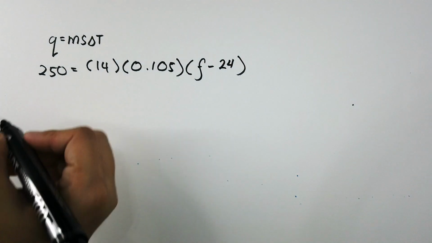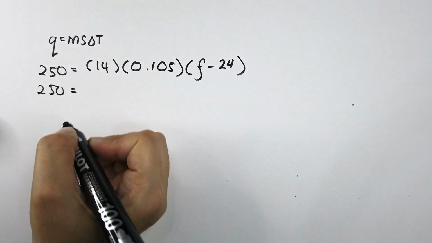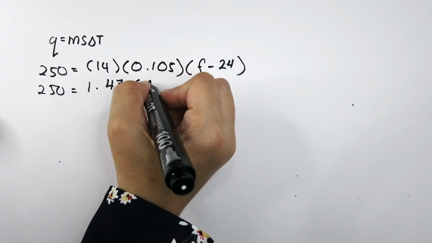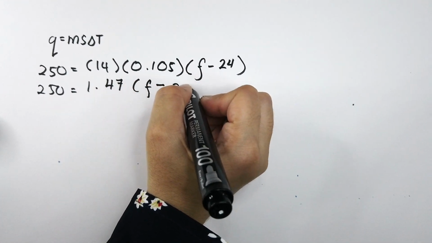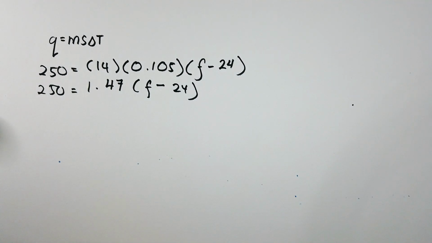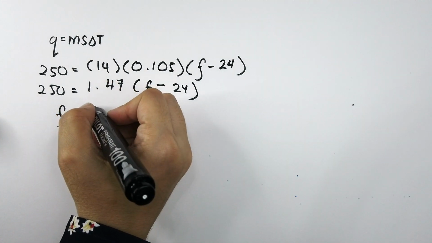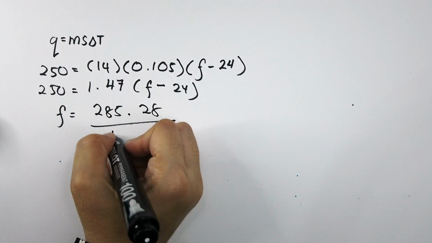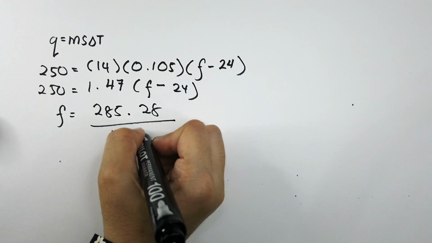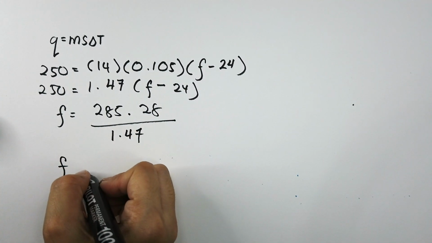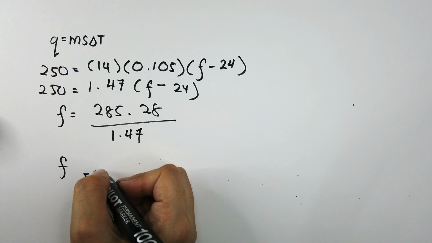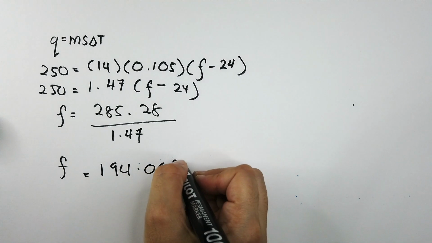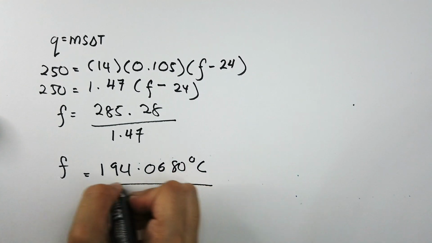So from here, you get 250 equals 1.47 times final minus 24. So you should get your final temperature equal to 285.28 divided by 1.47. Therefore, your final temperature should be 194.0680 degrees Celsius.